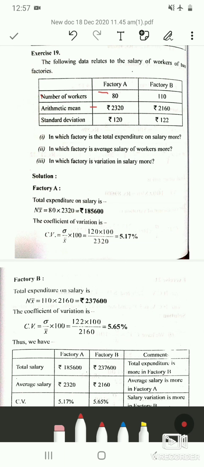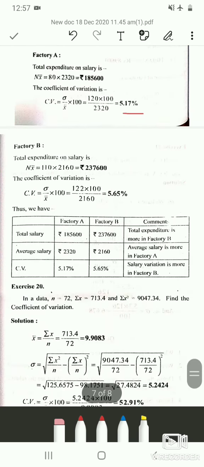So here standard deviation for factory A it is 120 into 100 divided by 2320. So we'll get coefficient of variation as 5.17%.